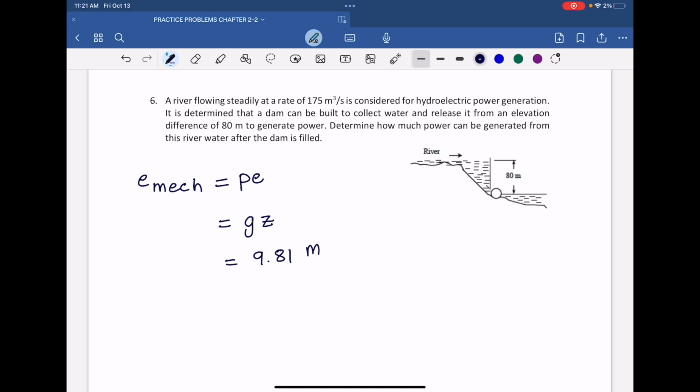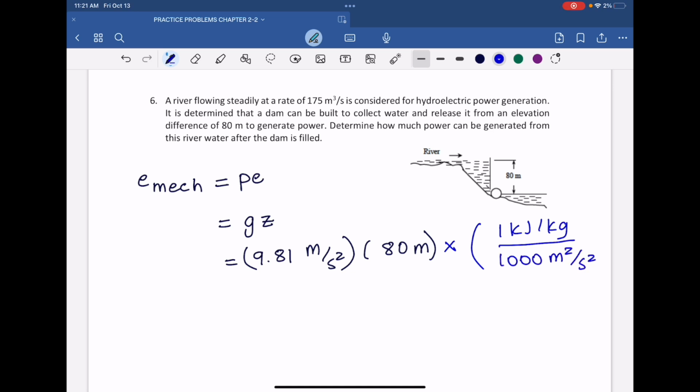9.81 meter per second squared. Z is 80. As for kinetic and potential energies, we always use the same unity conversion ratio, because we need to convert meter squared per second squared to kilojoule per kilogram, and the final answer is 0.7848 kilojoule per kilogram.